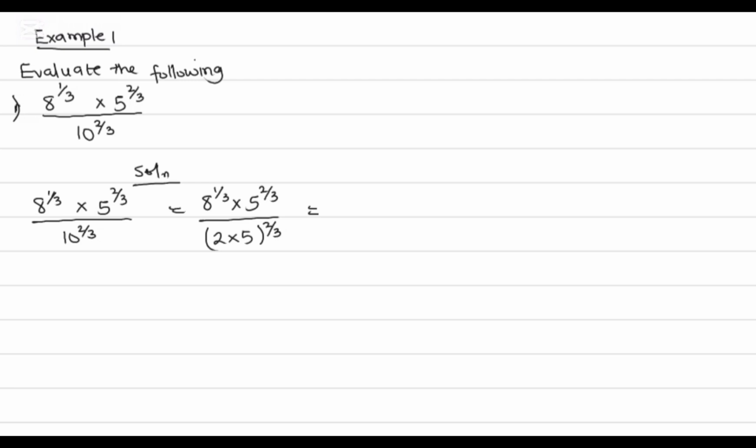So this 8 written at the numerator can also be written as 2 raised to power 3. 2 raised to power 3 times 1 over 3, then times 5 raised to power 2 over 3, because 8 is 2 raised to power 3, all over 2 raised to power 2 over 3 times 5 raised to power 2 over 3.